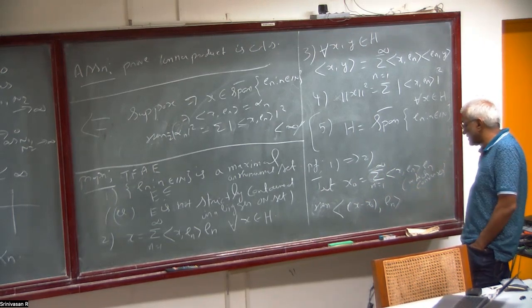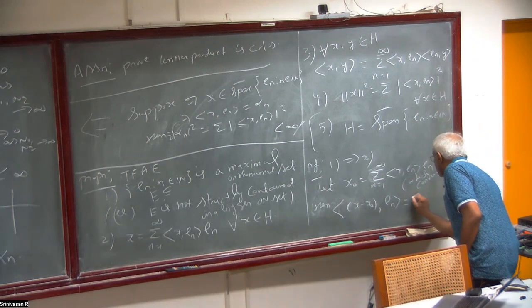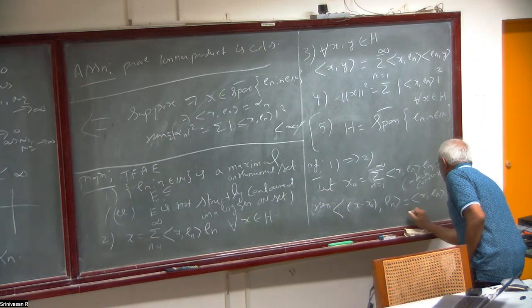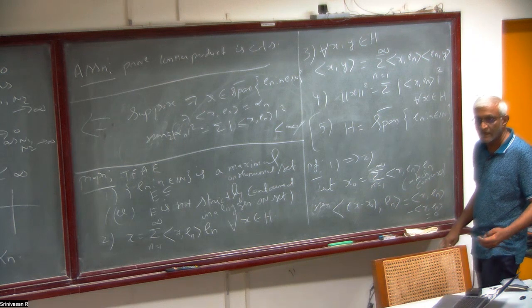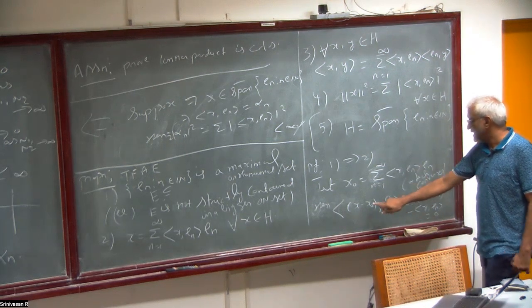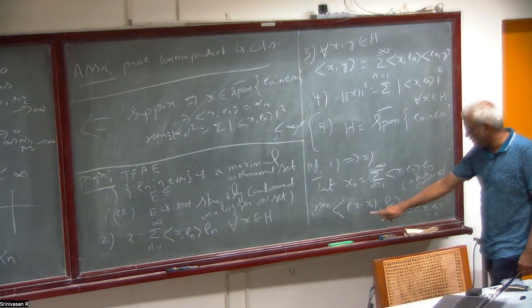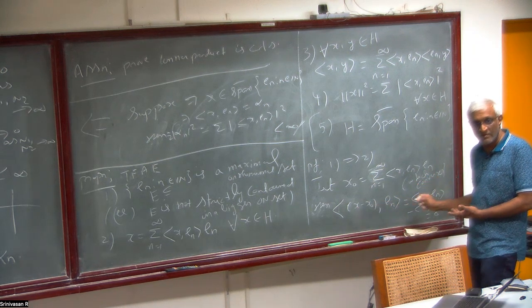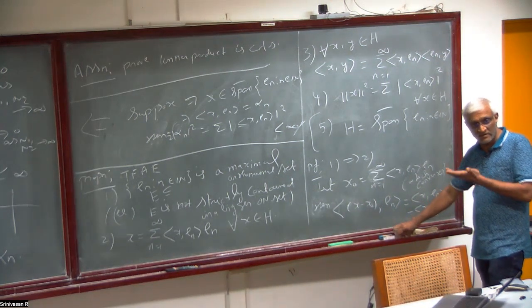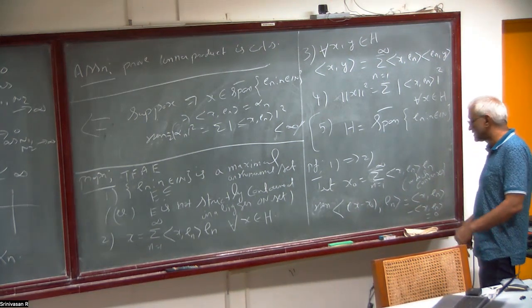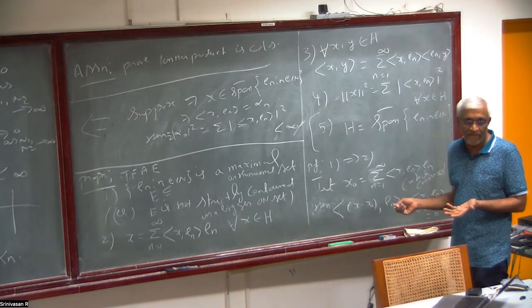I mean, x minus x naught is orthogonal to all En, right? X naught inner product En is just x, En. And if you take the difference, x, En minus x, En is 0, right? Because the inner product is linear and continuous, using all that, this is clear. So this is equal to 0. So x minus x naught is orthogonal to all those En.